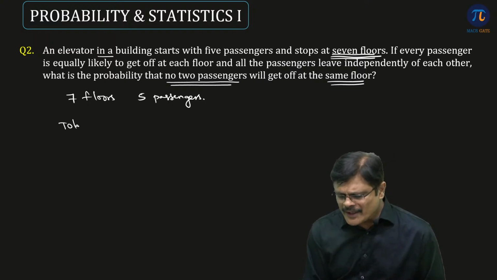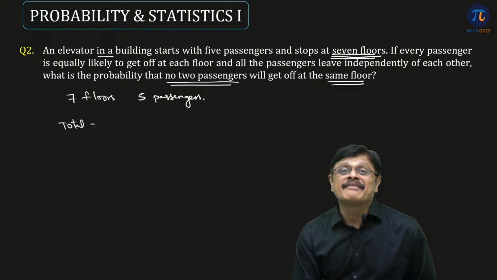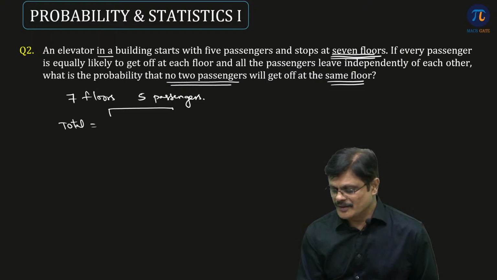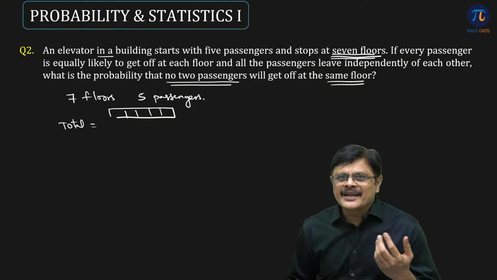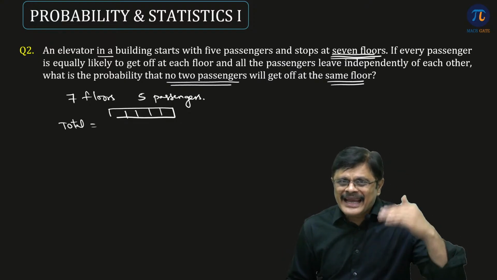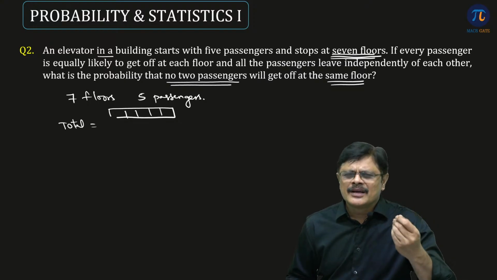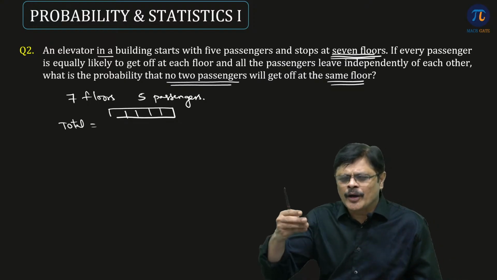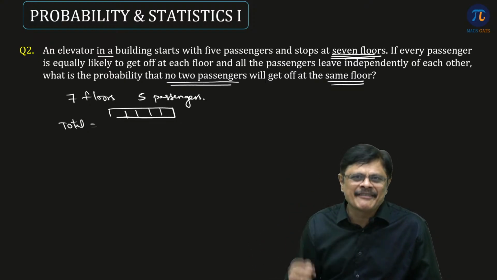So what are the total possibilities for 5 passengers to get off at 7 floors? Number of ways 5 passengers can get off at 7 floors. That is 5 passengers coming out of the lift in the 7 floors.